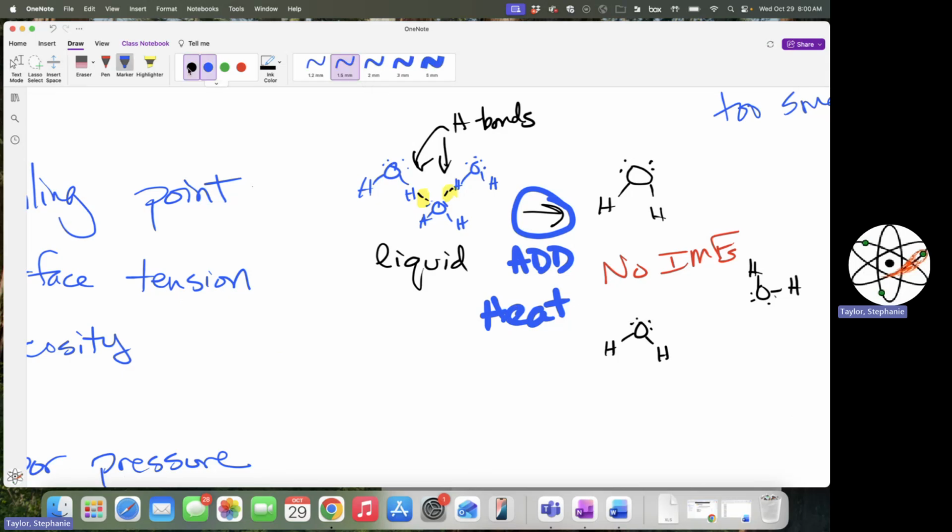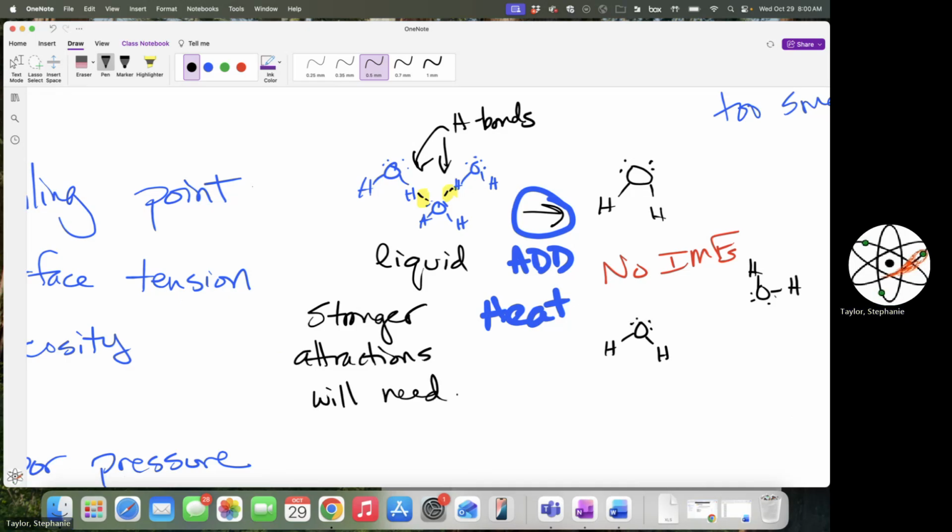And essentially what that means is that if I have stronger attractions as a liquid, stronger attractions are going to mean that I will need more heat to break apart.